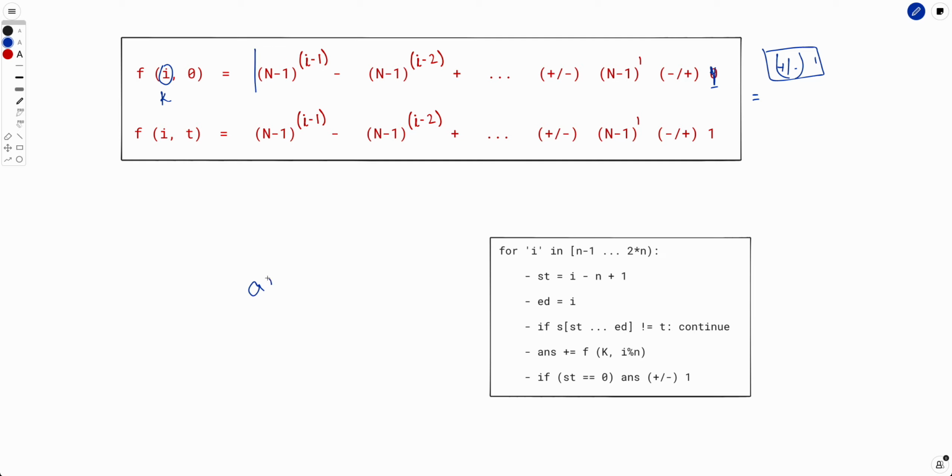So the summation of this GP would be simply a r power n minus 1 minus a divided by r minus 1. This is what the summation of a GP is. This is the n plus 1th term, and this is the first term, right? So if you just put the values here, r in this case is 1 minus n.